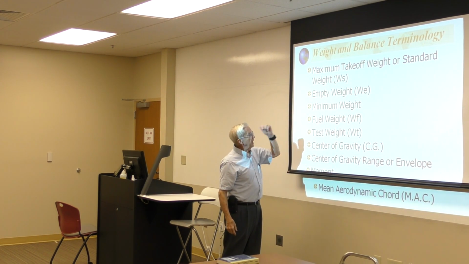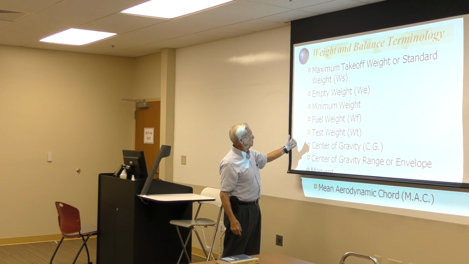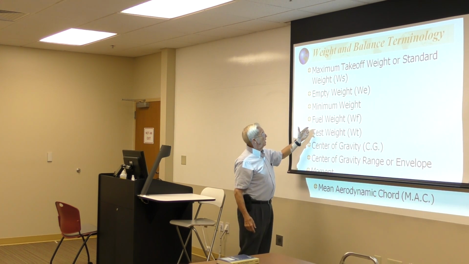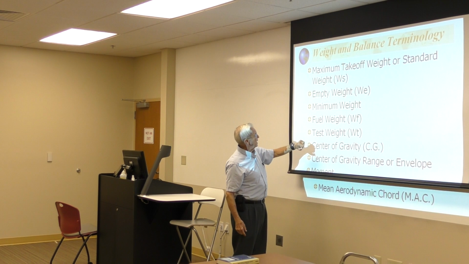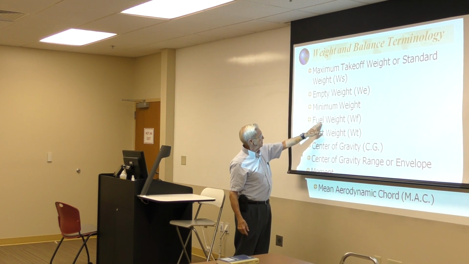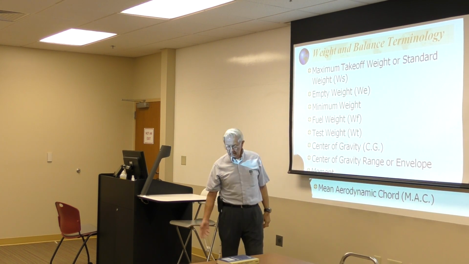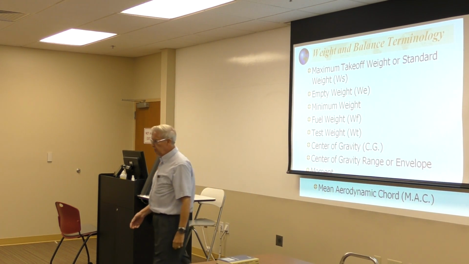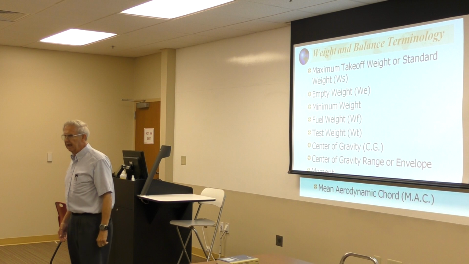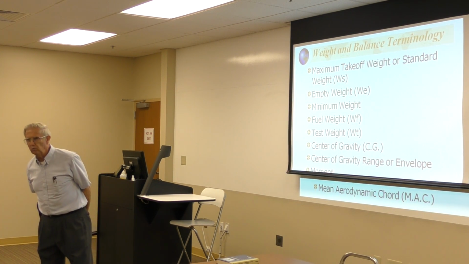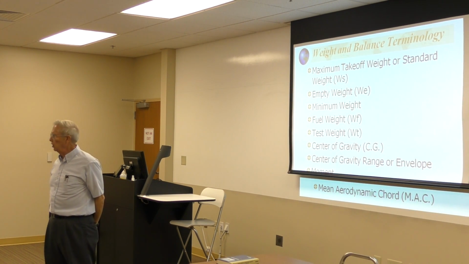We're going to give you handouts that'll tell you what the empty weight is so you can calculate your weight amount. We're not too concerned about the minimum weight at this stage. Fuel weight, yeah, we want to know that, and by the way, the fuel weight, we're using avgas, and aviation gasoline weighs 6 pounds per gallon.